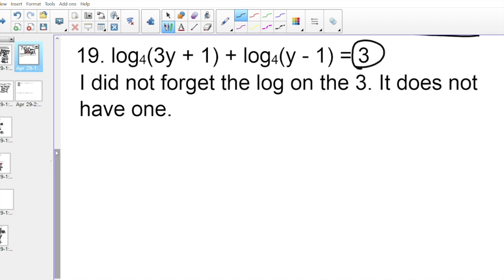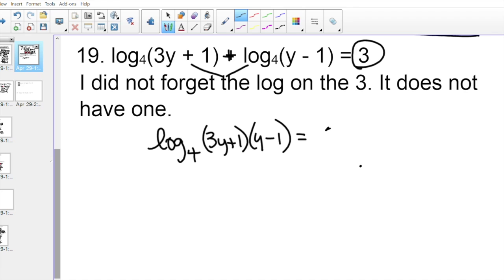This is still adding logarithms. So you would still write log base 4, and since you were adding, that means you multiply 3y plus 1 times y minus 1.